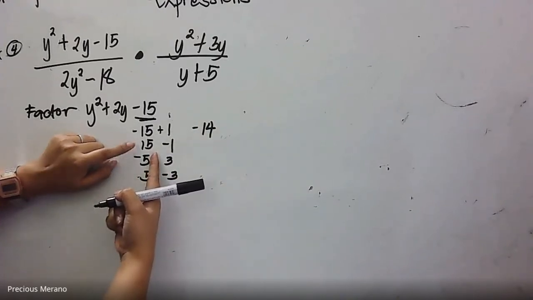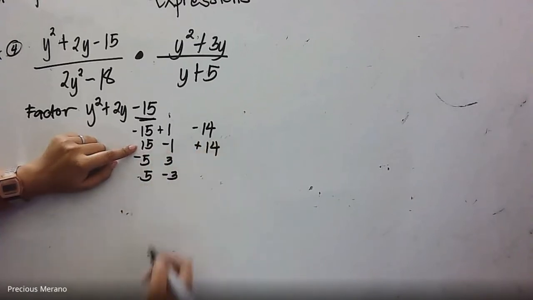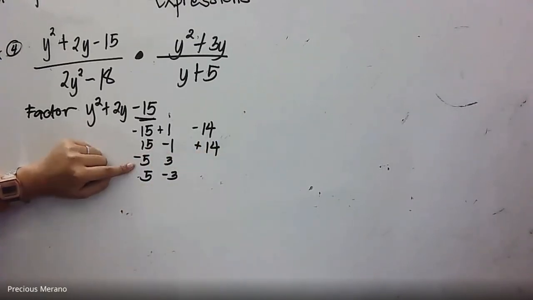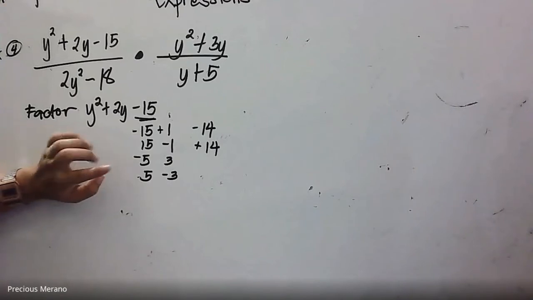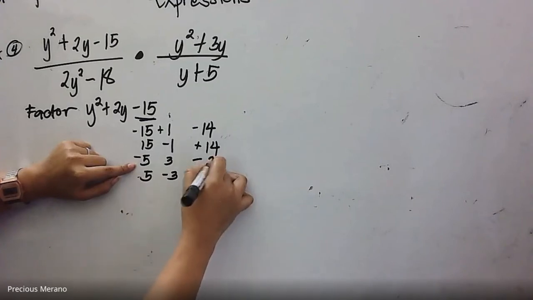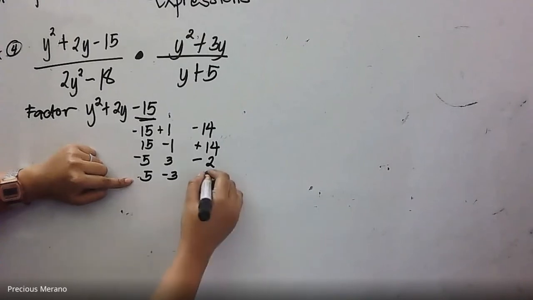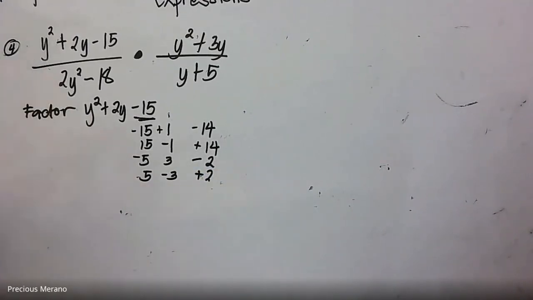Sign of the highest number, positive. Subtract the numbers, that is 14. 15 minus 1. Next is, magkaiba ulit. Basta magkaiba ng sign sa integers, you need to subtract the numbers and copy the sign of the highest number. So, highest number is negative. And then, subtract it, that means 2. 5 minus 3 is 2. And also this one, 5 minus 3 is 2. So, positive 2 siya. So, alin dyan yung same dun sa middle term natin?